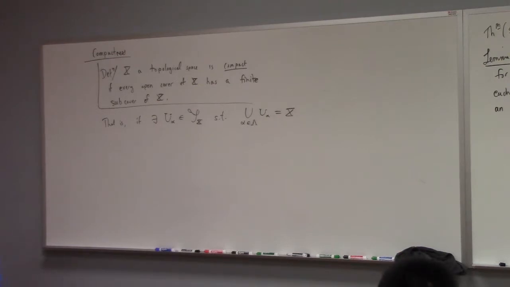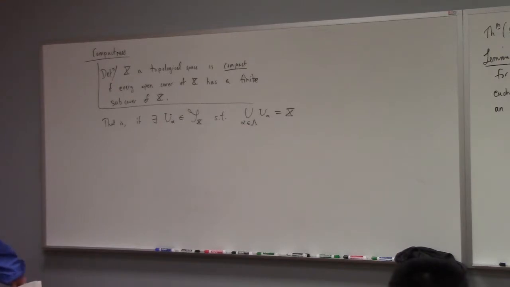We shouldn't assume countable unions. So that's why I'm doing this alpha and lambda, where lambda is an arbitrary index set. It could be like a real index. You could maybe need a real variable to index it, not just countable.